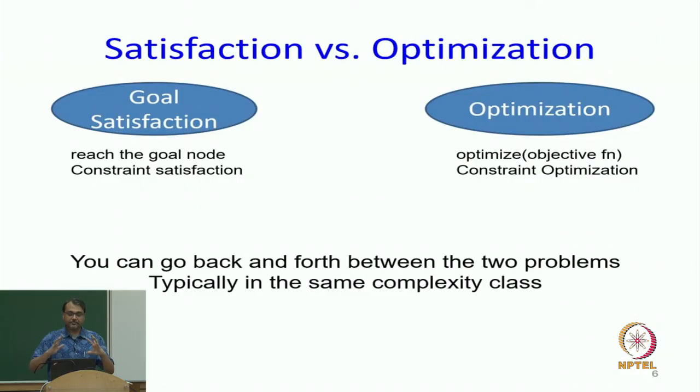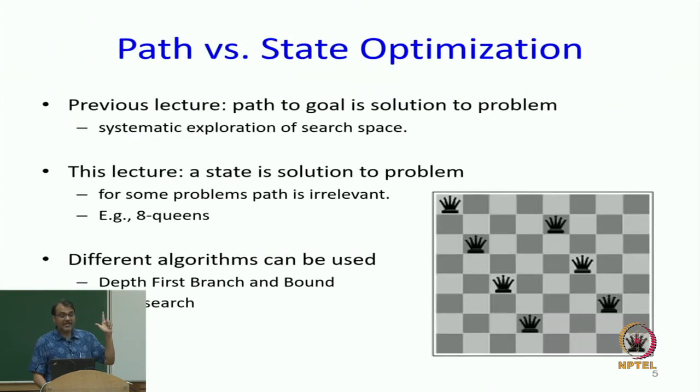Okay. So, with that background, where are we? We are now in a setting where my problem is an optimization problem, and the solution of the problem is a state. These are the two constraints that are needed to apply local search. And of course, if you think a little bit deeper, if you really want paths as a solution, then what will you do as a state?